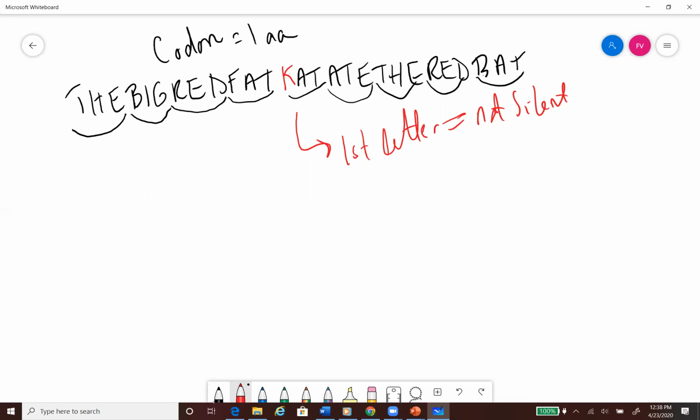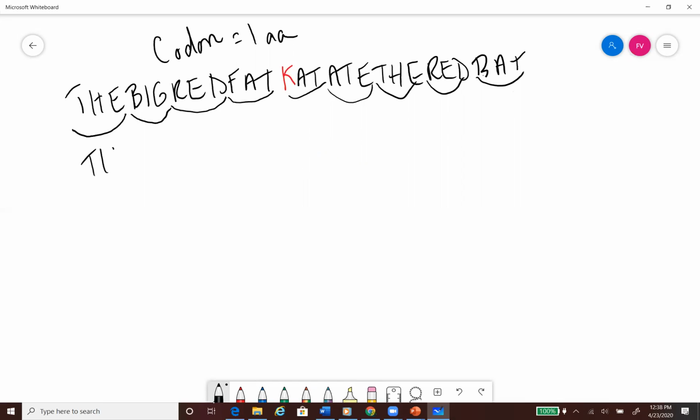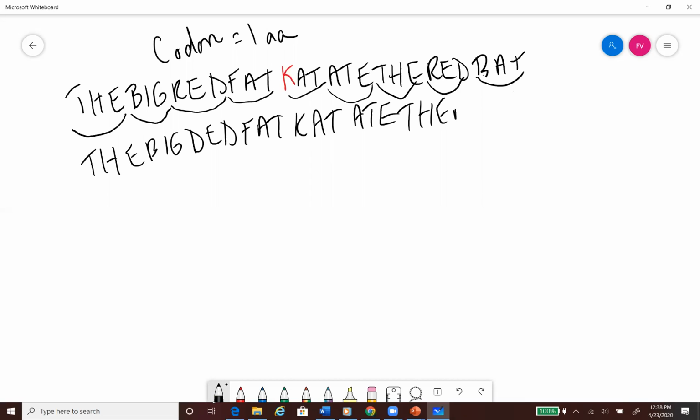But this is just an example to help you understand the difference between frame shifting versus the other types of mutations, okay? If I, for example, change the sentence, so if I wrote the big dead fat cat ate the red bat, then you could see now it's not silent.